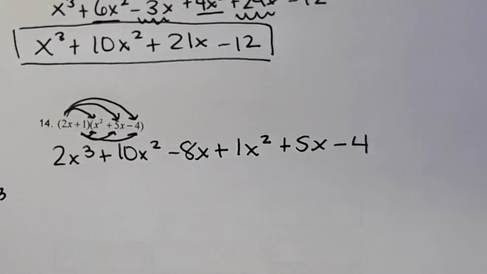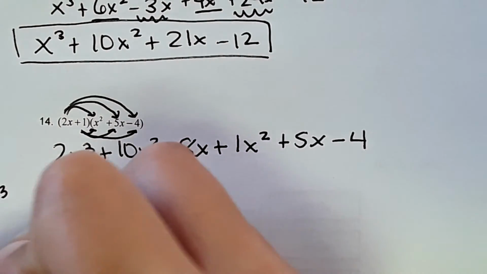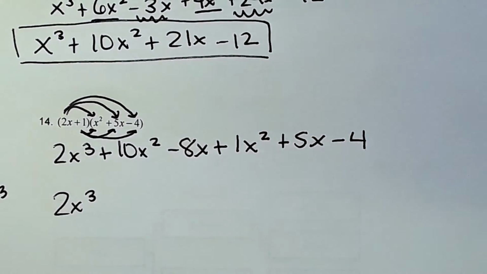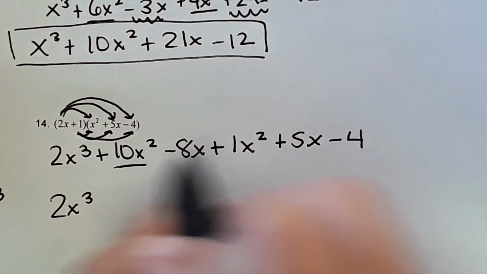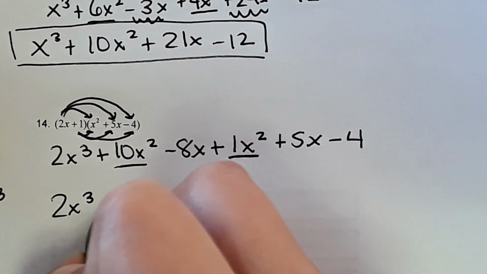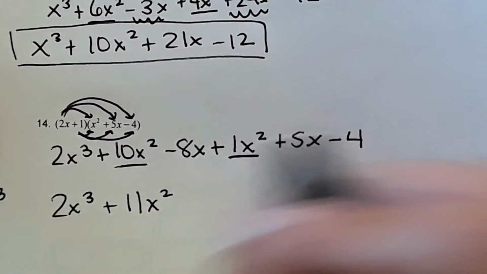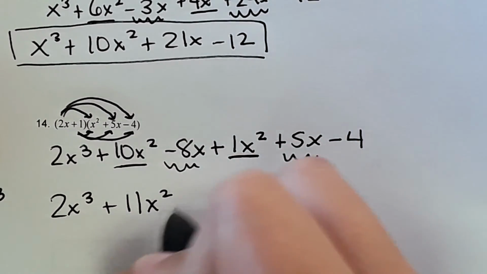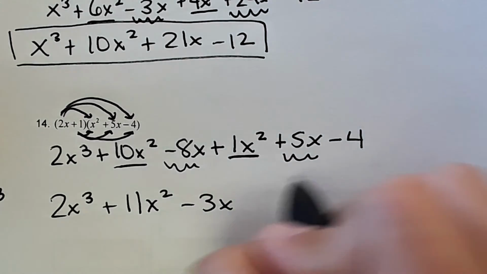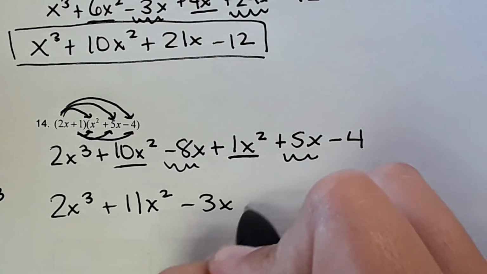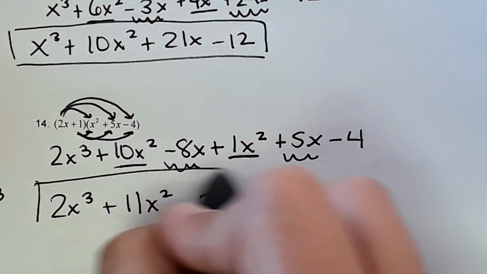And then combining like terms if you can, which 2x cubed, there's only one with x cubed. But as far as 10x squared and 1x squared, we can combine that. Negative 8x and 5x, that would be negative 3x. And then we just have negative 4 at the end. And we're done.